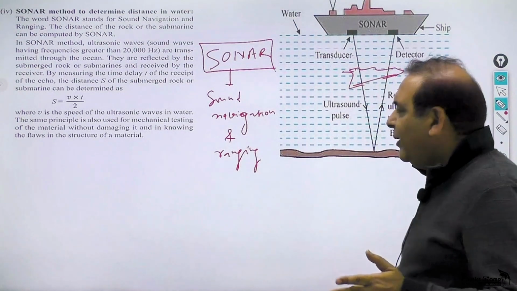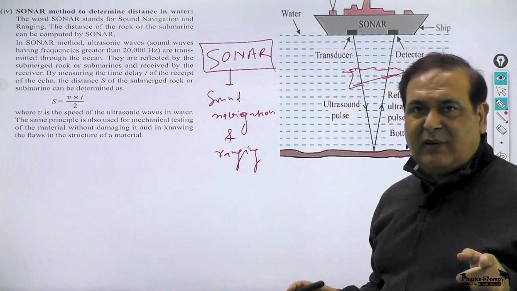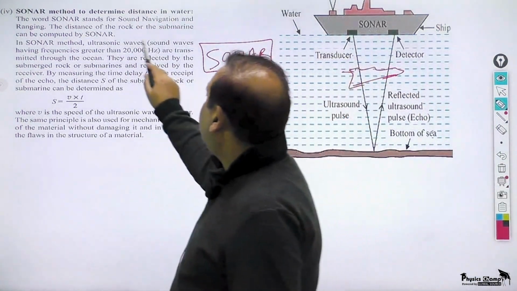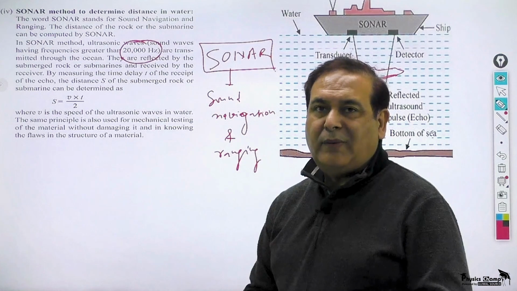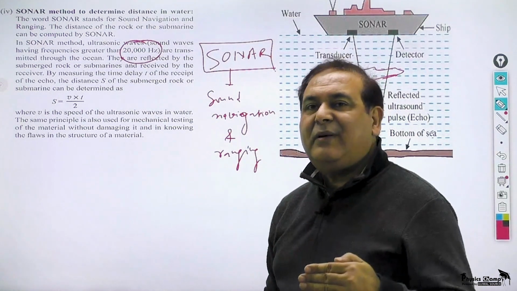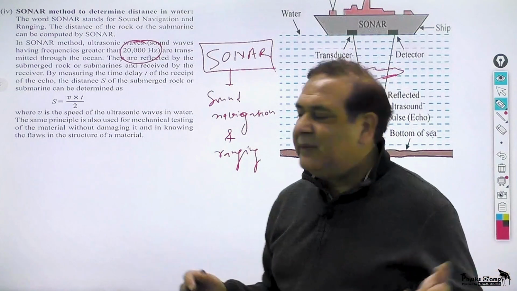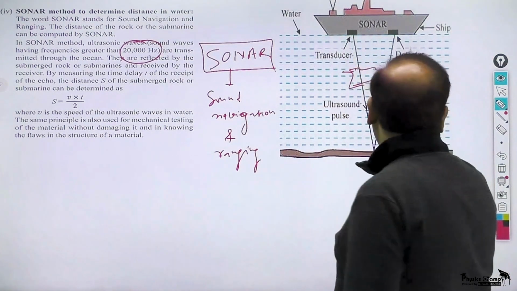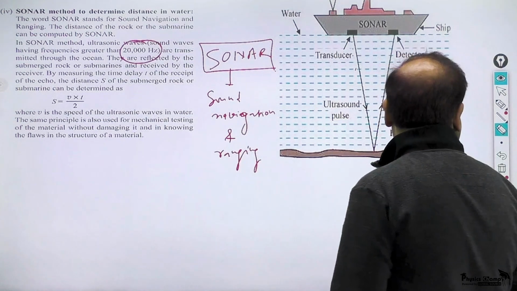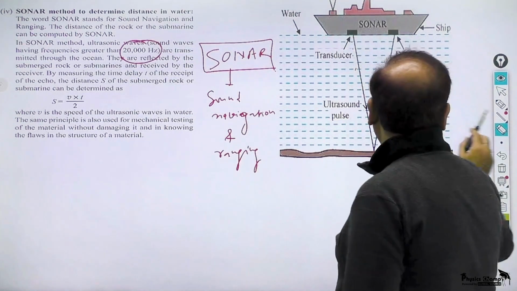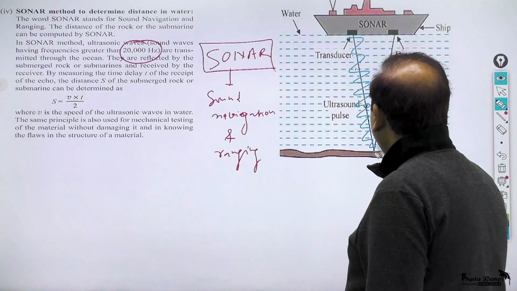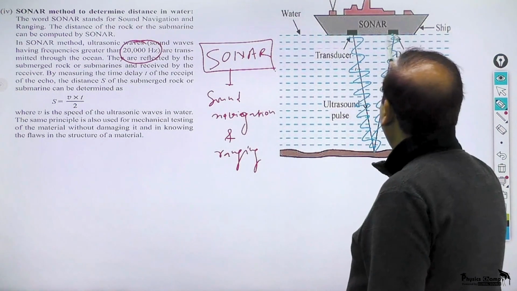So there we use ultrasonic waves, which are basically sound waves of frequency more than 20,000 hertz, to know the depth, location, and that is done again by the echo method. These ultrasonic waves are produced and sent, they reflect.